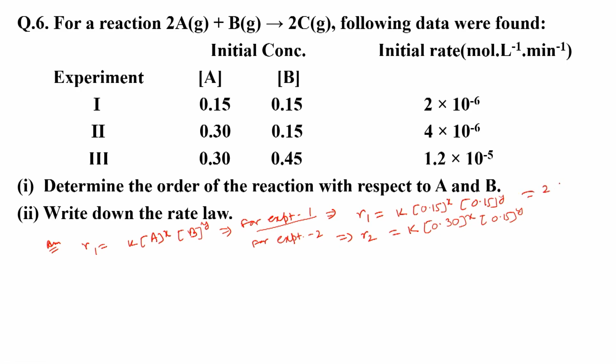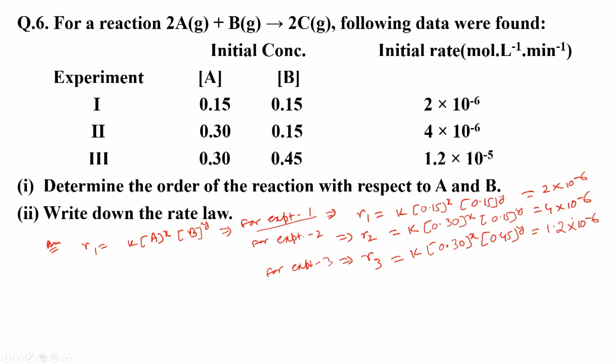This is 2 times 10 to the minus 6, here 4 times 10 to the minus 6, right. So you see the rate is getting doubled when the concentration of A is getting doubled, keeping the concentration of B constant. And for experiment 3, we get R3 is k, 0.30 raised to the x times 0.45 raised to the y, and the value given is 1.2 times 10 to the minus 6.